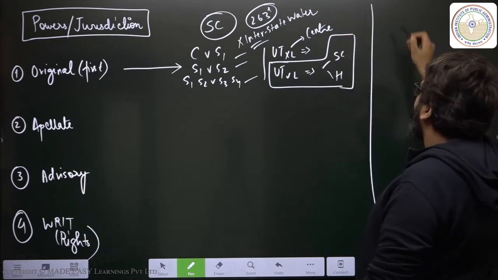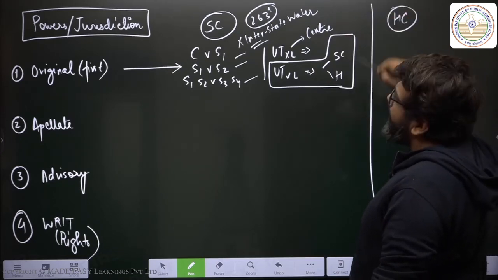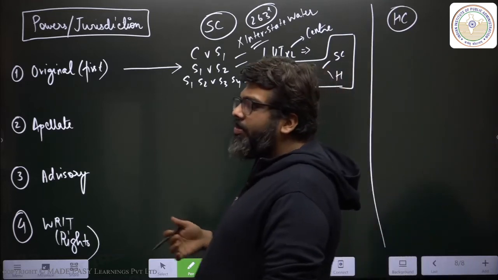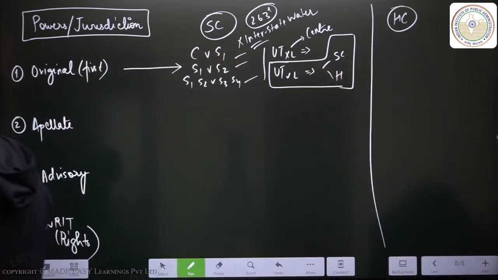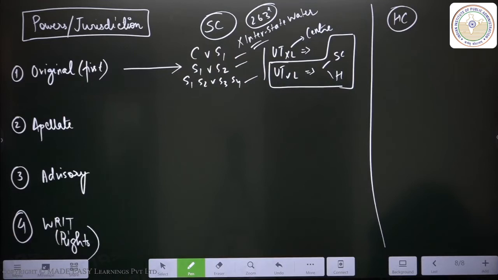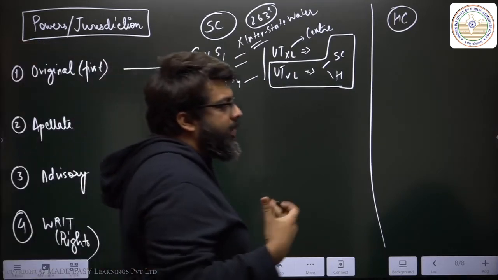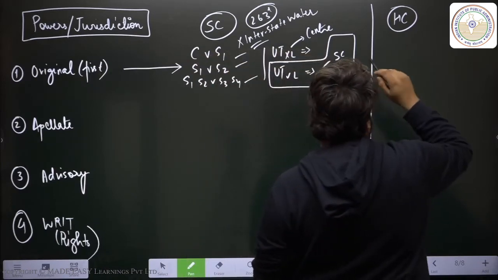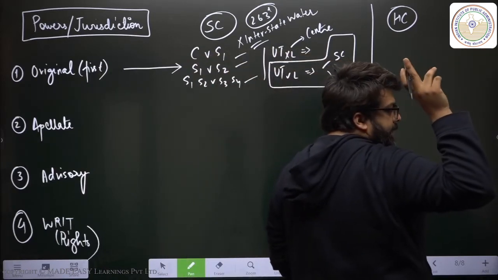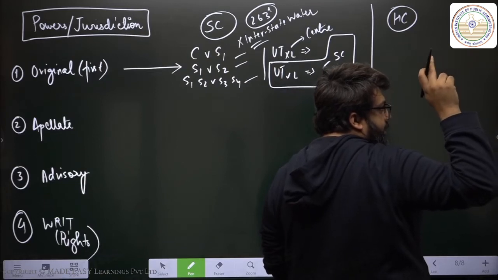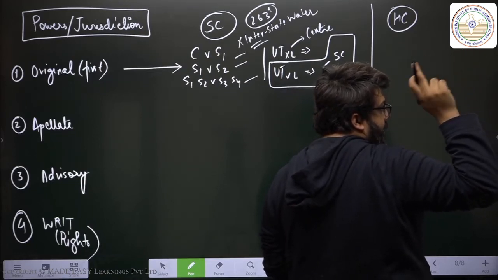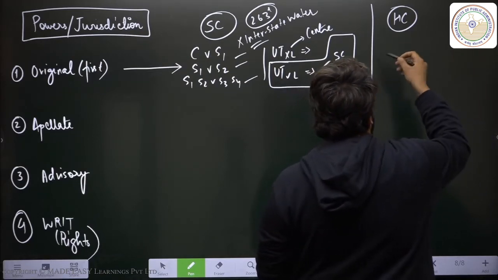Now, as far as High Court jurisdiction is concerned, this is too technical again, but we'll give you some examples. For example, if you have an issue with the outcome of an election, like in the Indira Gandhi election case, Indira Gandhi versus Raj Narayan, that went to the Allahabad High Court.